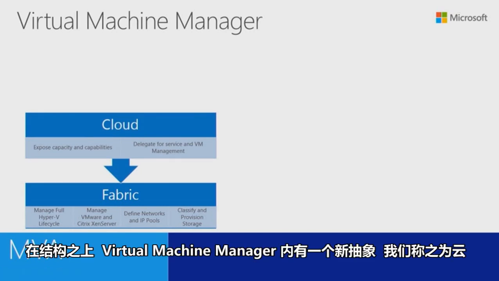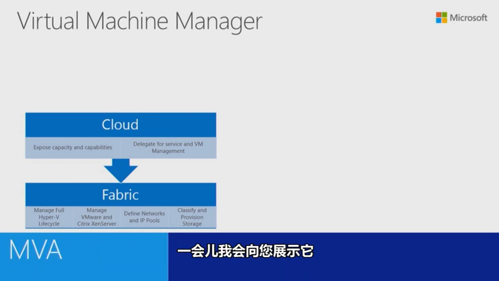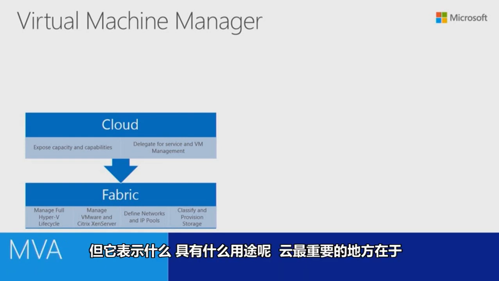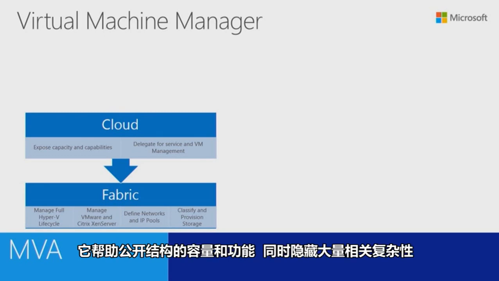On top of the Fabric, we have a new abstraction within Virtual Machine Manager that we call the cloud, and I'm going to show that to you later about what that means and what that does. The most important part of cloud is it helps to expose the capacity and capabilities of the fabric while at the same time hiding a lot of that complexity.